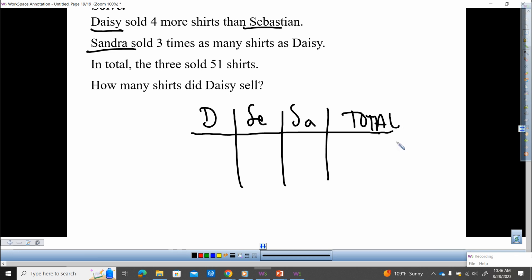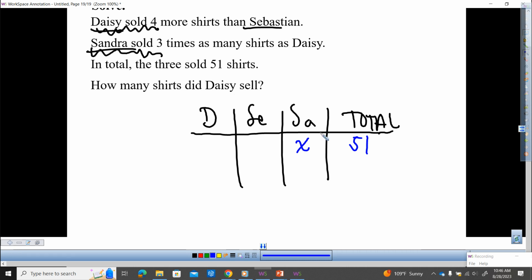All right. So, by reading it, Daisy sold 4 more. So they mentioned Daisy. Sandra sold. Who's the only one that they don't tell us sold? Sebastian. So Sebastian's going to be our X. We know the total. The total is what? 51.